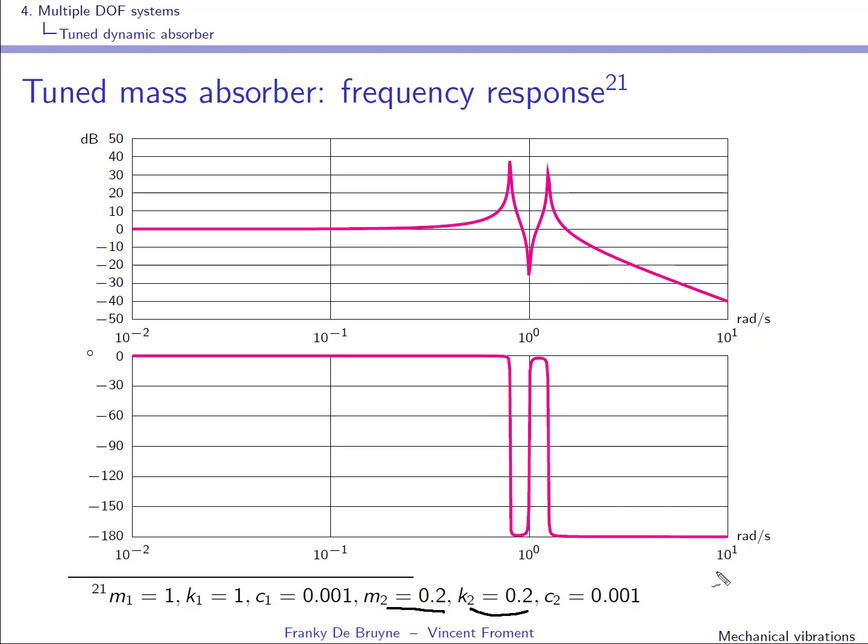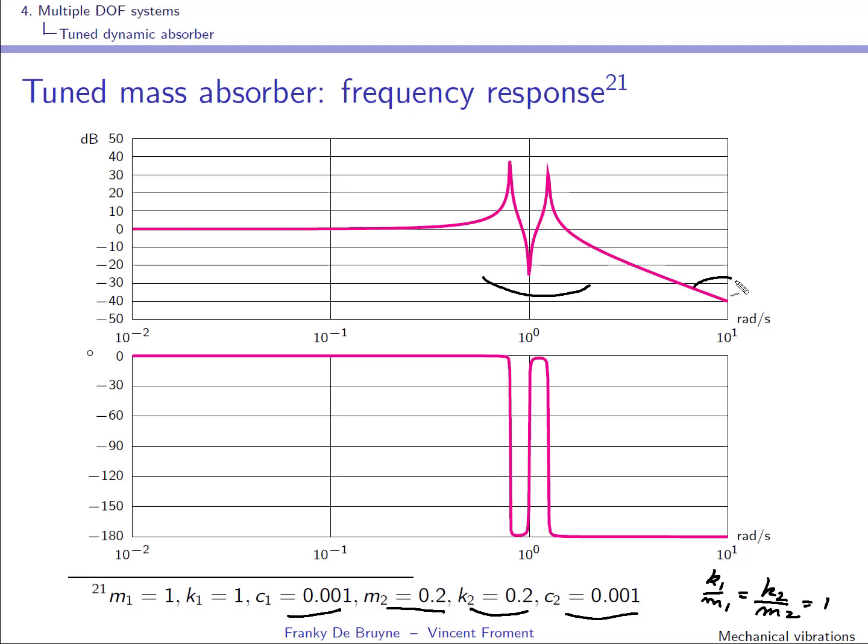You see that this second mass spring system is tuned on the other one because you have k1 over m1 equal to k2 over m2 equal to 1, and this second mass spring system will add a damping coefficient that is exactly the same as on the other system. And you see what happens in the frequency response.